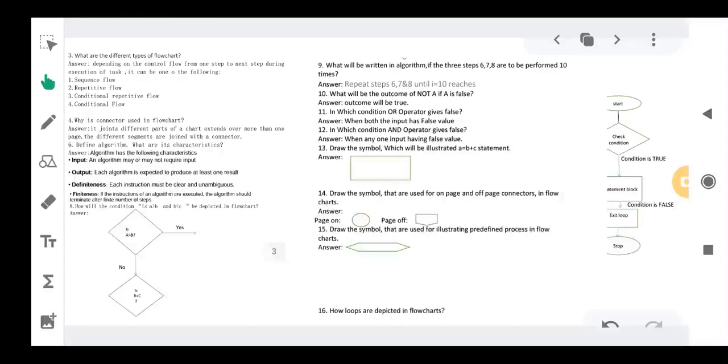The I value has some initial value and there is some condition. Until the initial value reaches the condition limit value, the loop keeps on going. In this way we can represent the loop concept. I hope the question and answer are clear to you.